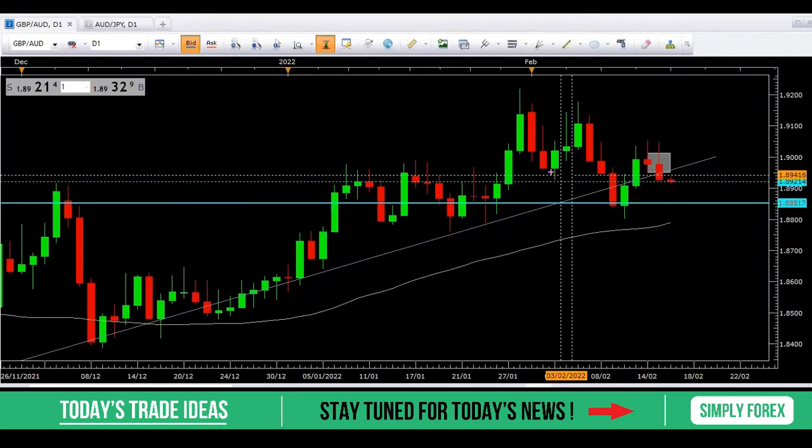As you can see, price structure has changed. Once this low was broken and we created a new low, and then we had this last high followed by a lower high, this tells me the structure is now in a downwards trend.